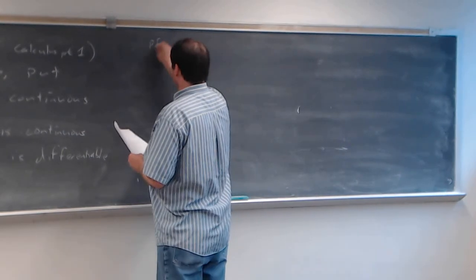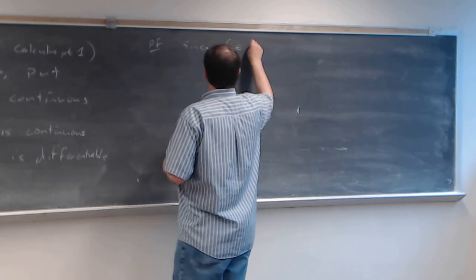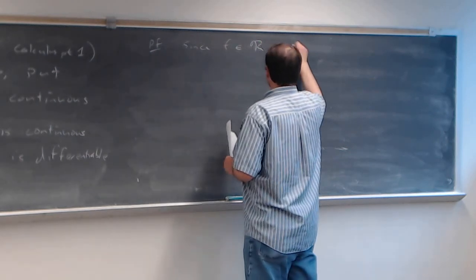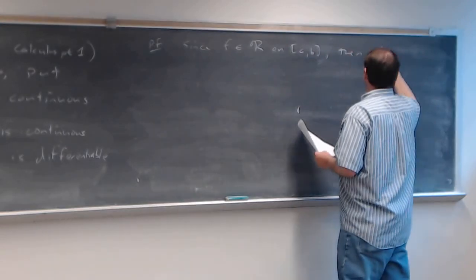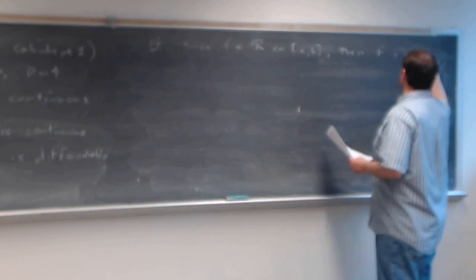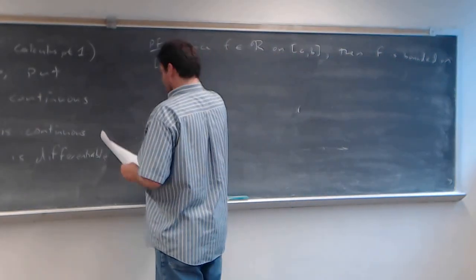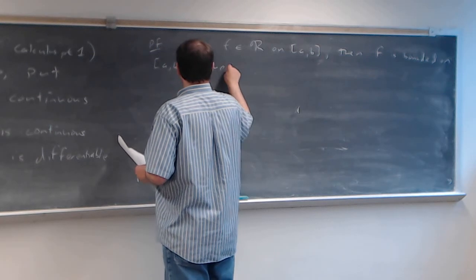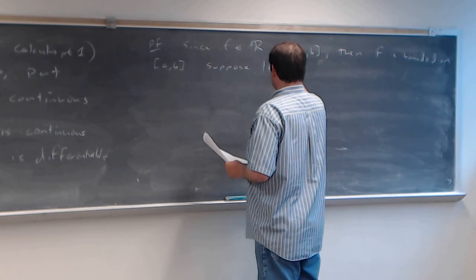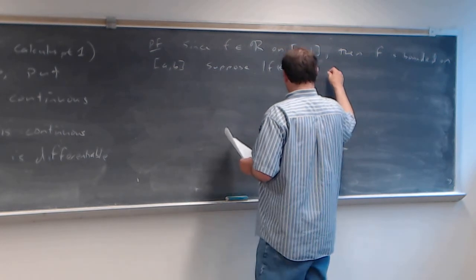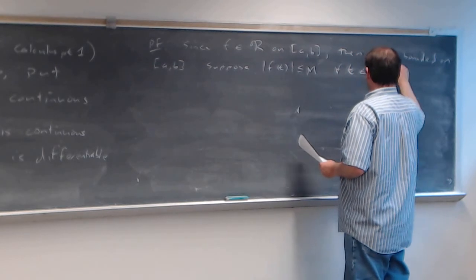Here's the proof. Since little f is assumed to be Riemann integrable on a to b, then f is bounded on a to b. So let's suppose, just for symbolic benefit, that the absolute value of f of t is less than or equal to M for all t in a to b.